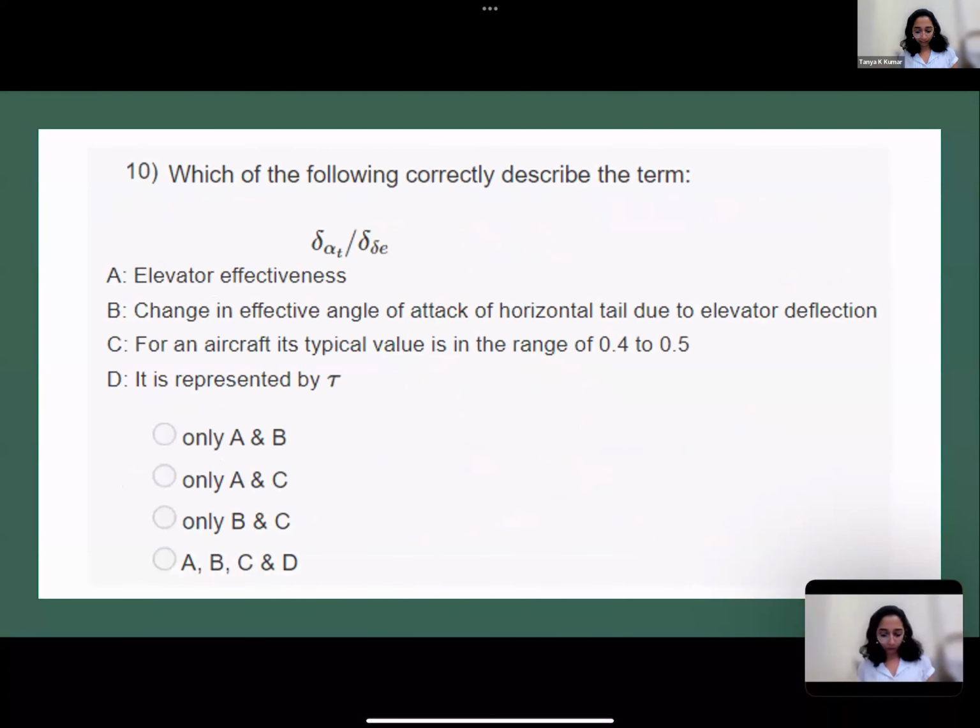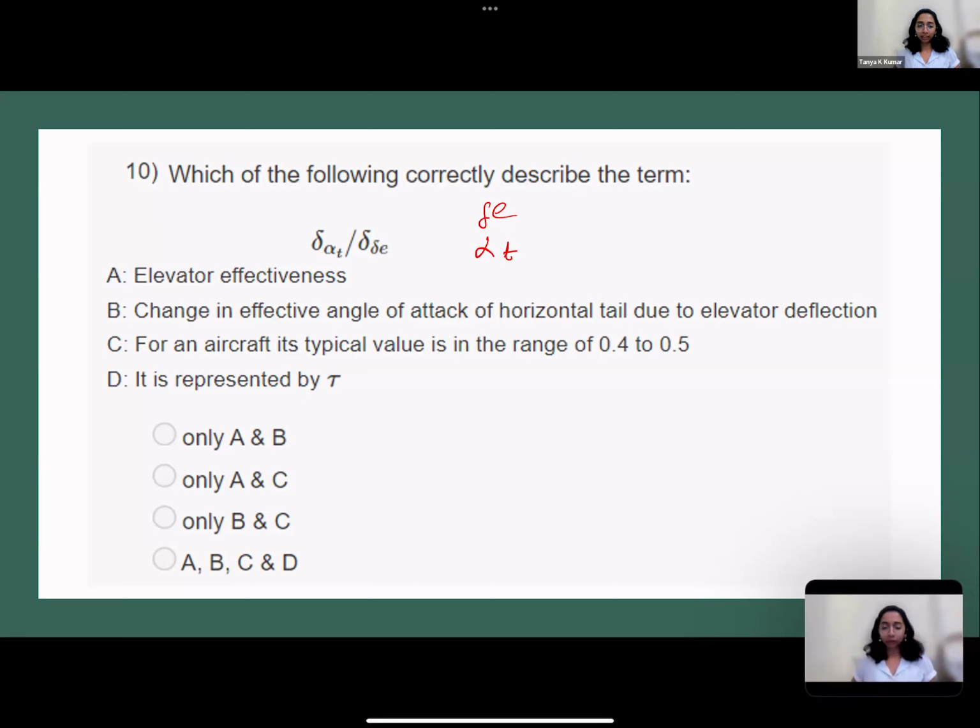Which of the following correctly describes the term delta alpha T by delta E? Now E was elevator, delta E is elevator deflection. And what is alpha T? Angle of attack at tail.